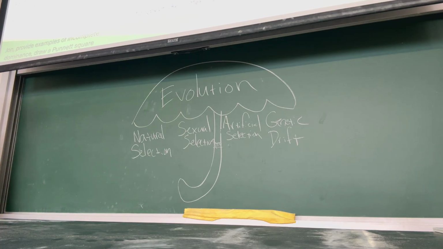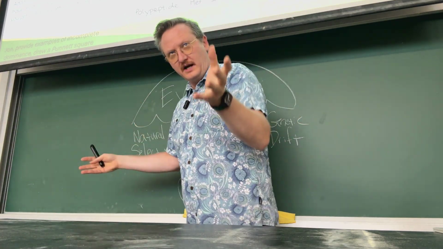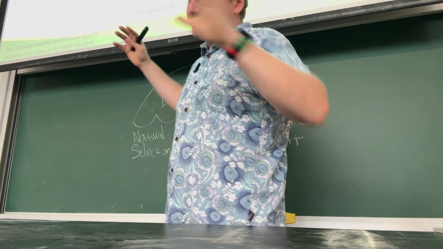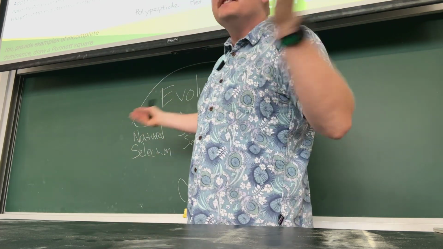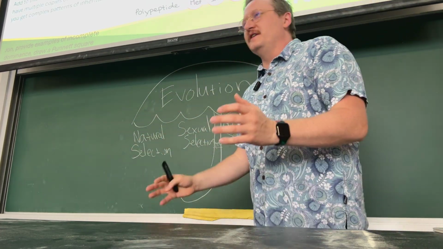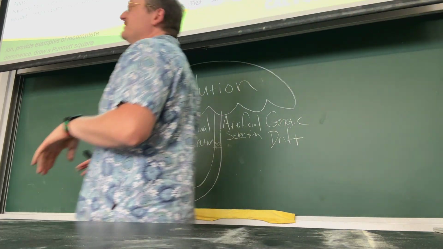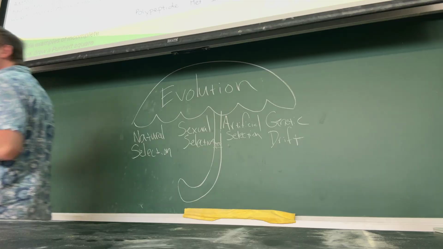Okay, so selection acts on phenotypes. Phenotype is the physical expression of the genes that you have. You've got all of these different genes, all these instructions inside of your DNA. Some of those genes get turned on, some are turned off, some are on in certain cells and off in other cells.